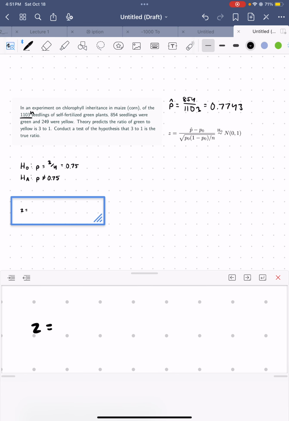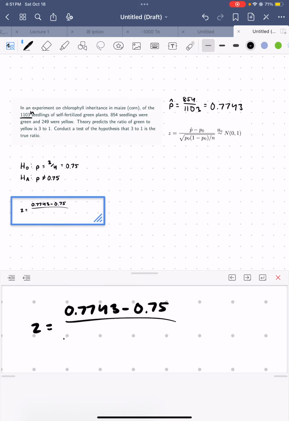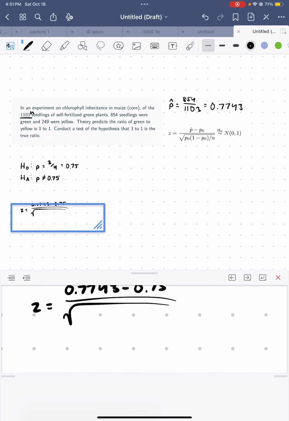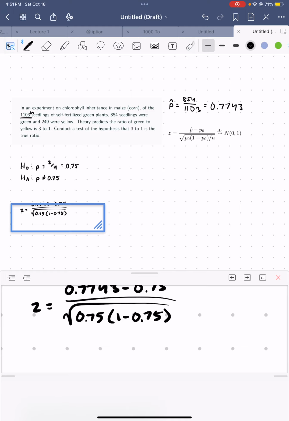So we have our p hat, so that's 0.7743 minus our p-value 0.75, and then square root of 0.75 times 1 minus 0.75, and then all of this divided by our n, which is 1,103.